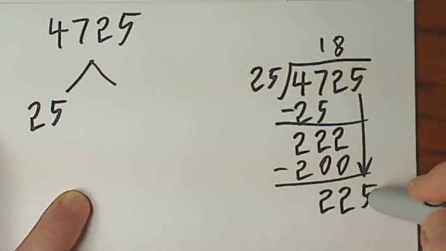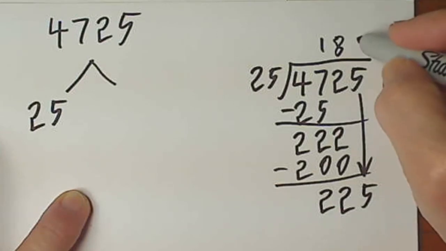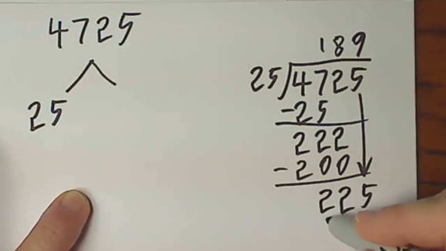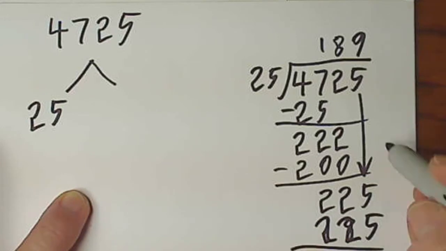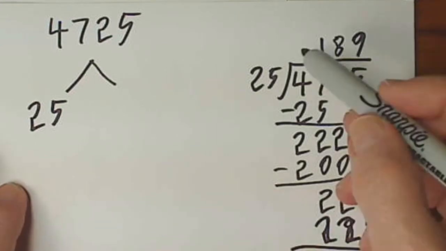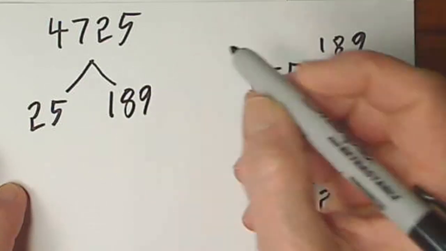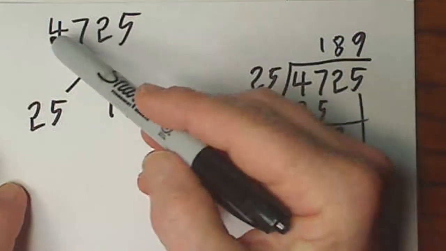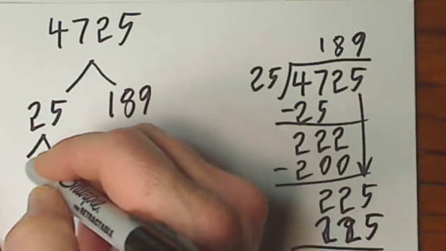And 25 goes into 225. Well, if that was 8 times, this is 9. Oops. 9 times 25 is 225. So nothing left over. So 25 times 189 is 4,725.